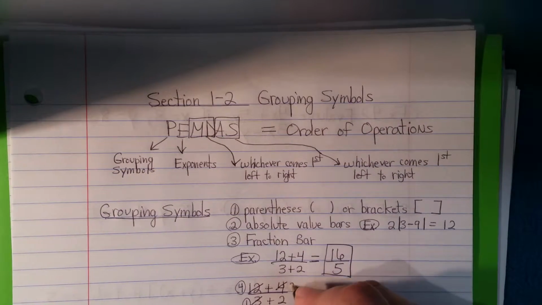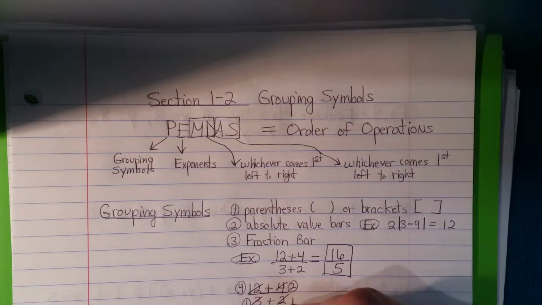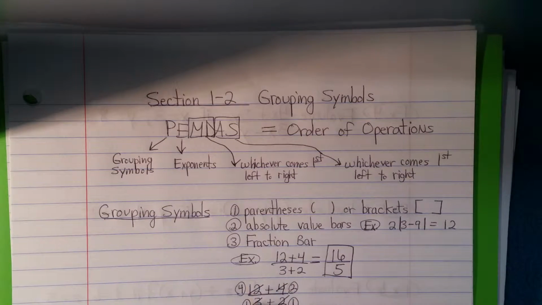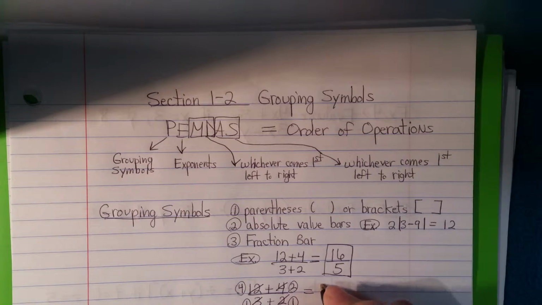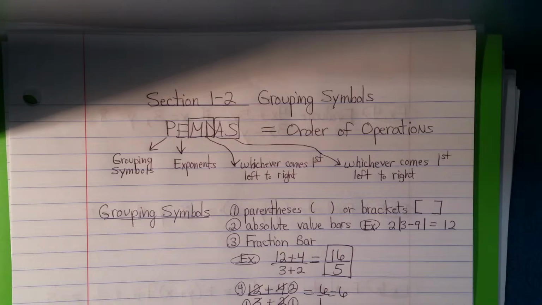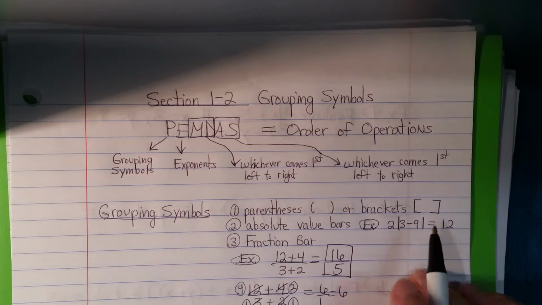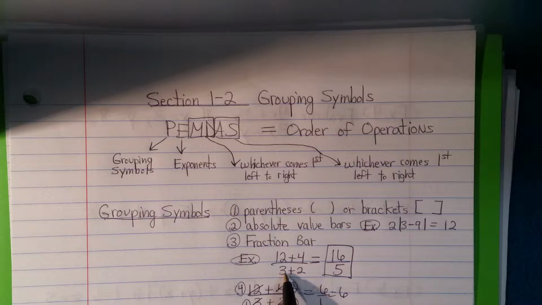So 4 divided by 2 is 2, and 2 divided by 2 is 1. So they'll try to simplify or divide vertically before they do the numerator operation or the denominator operation. And if you were to do this, you would get 6 over 1, or 6. But this is incorrect. You have to work out the numerator first and the denominator first.